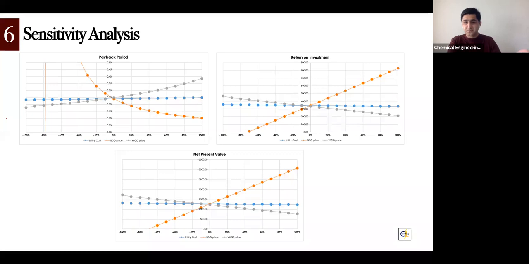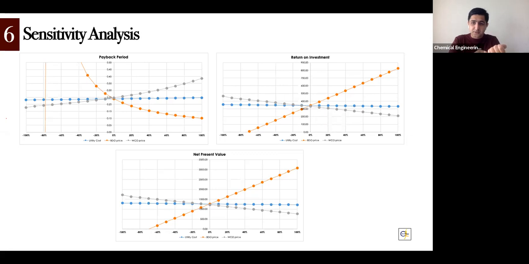But if the capital investment is increased a great deal, that means that we will have to pay a lot more money back, and hence the payback period would increase. Typically, the payback period is much more sensitive to capital investment and essentially equipment cost than it is to our other costs, such as raw material cost or our product cost.